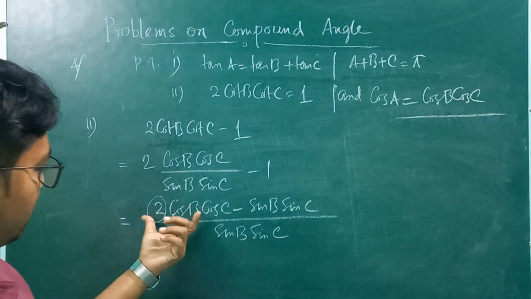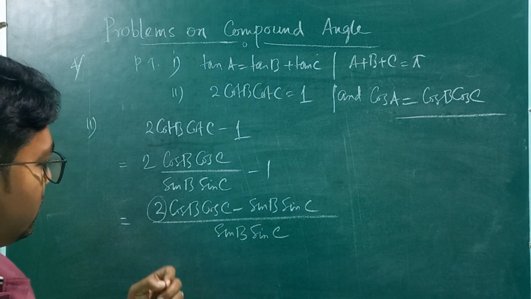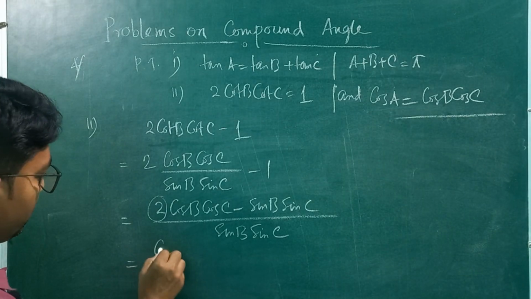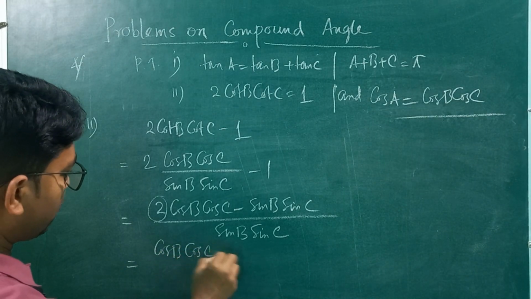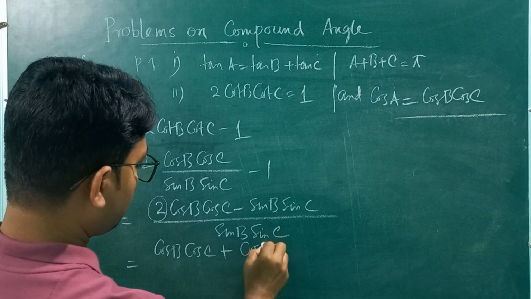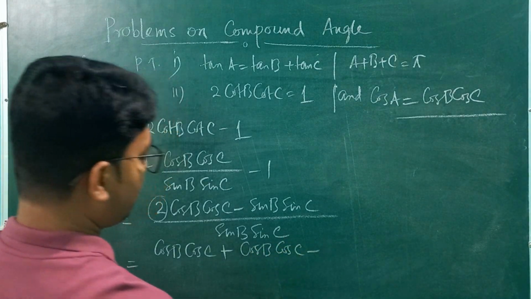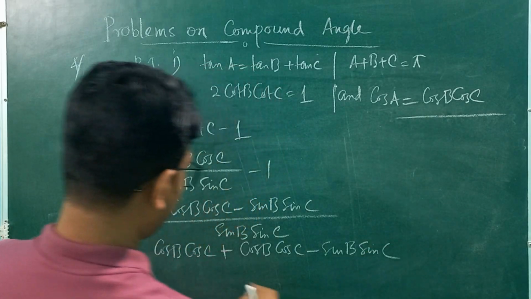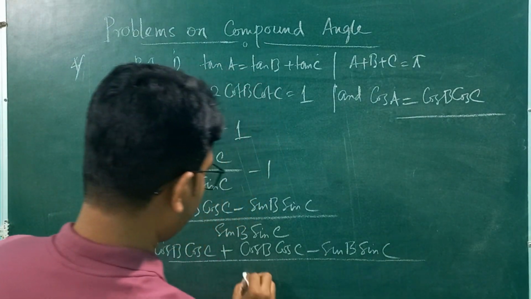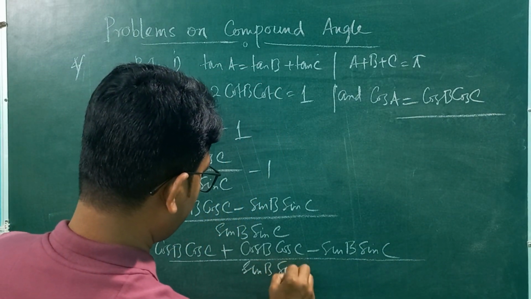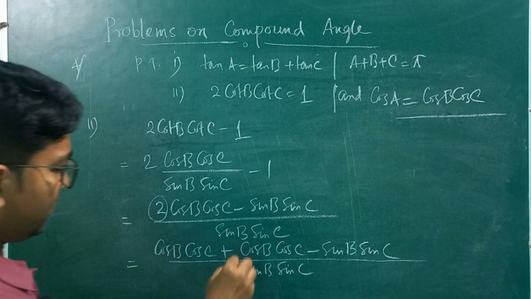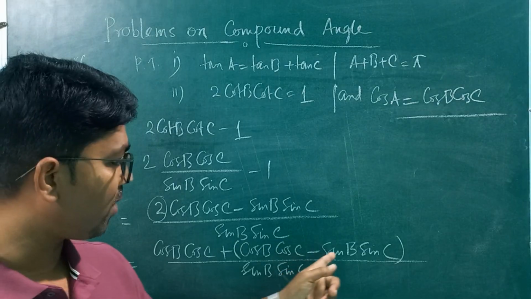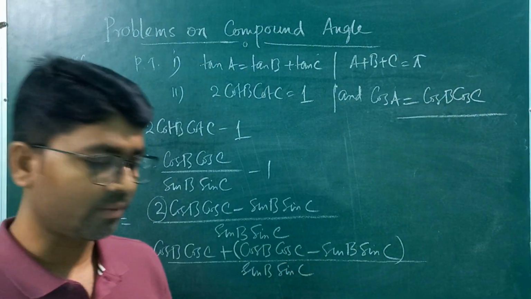Now I can write this 2 cos B cos C as cos B cos C plus cos B cos C. I just write it this way: cos B cos C plus (cos B cos C minus sin B sin C) by sin B sin C. Then see, this is the formula cos A cos B minus sin A sin B, that is cos (A plus B).